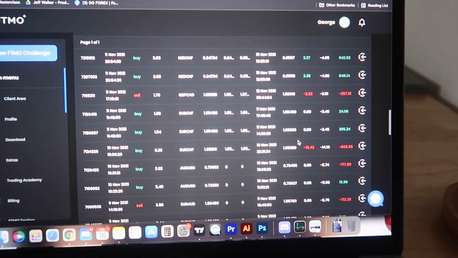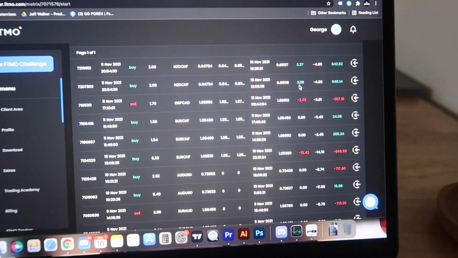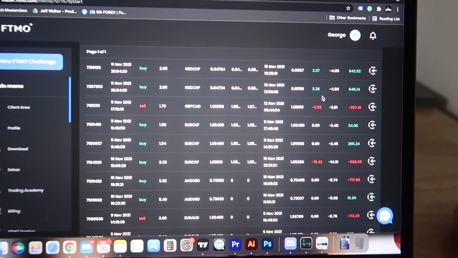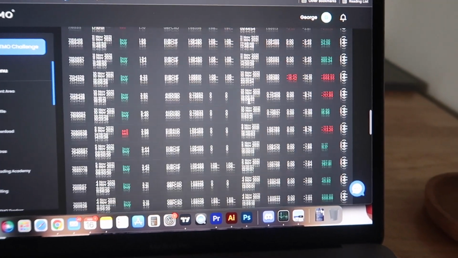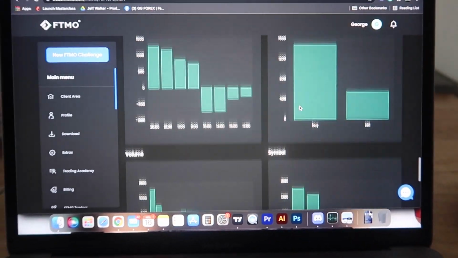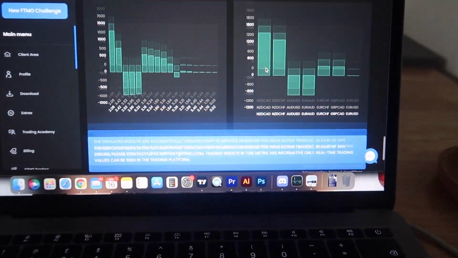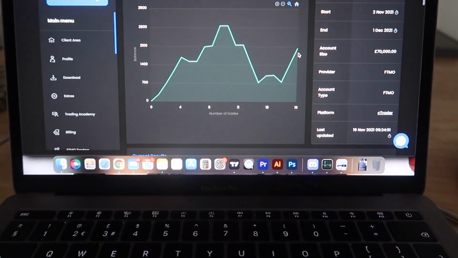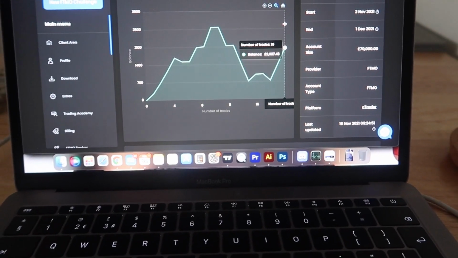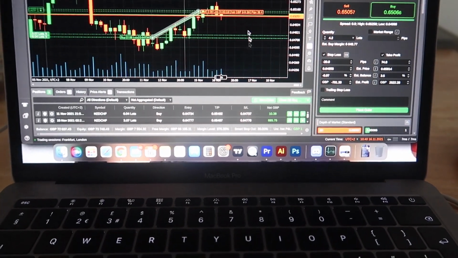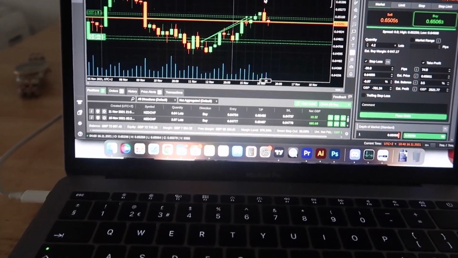They are looking a lot healthier, a lot better. We'll see what happens. Overall, I'm pretty impressed with how I've performed in this challenge so far. This will be a lot higher. I just need to wait for this to play out, and we'll see what we can do.